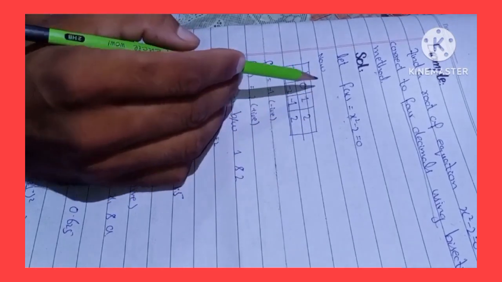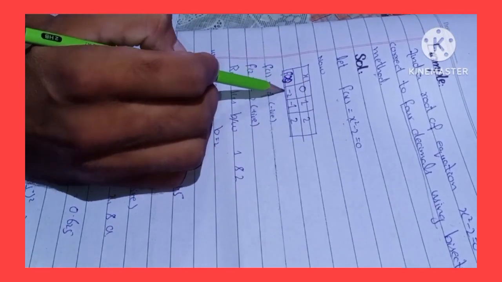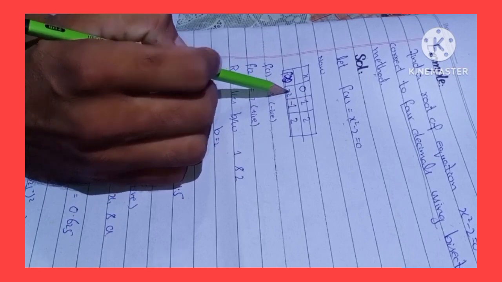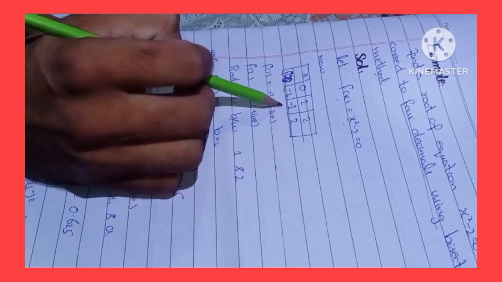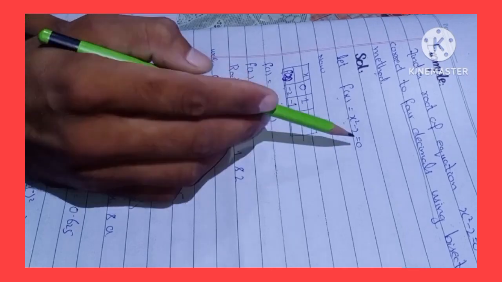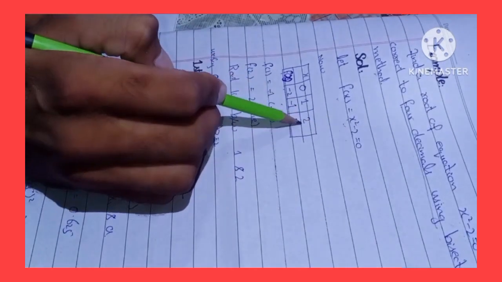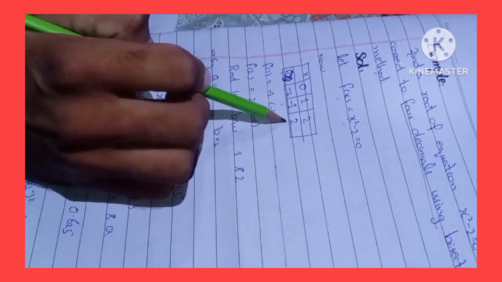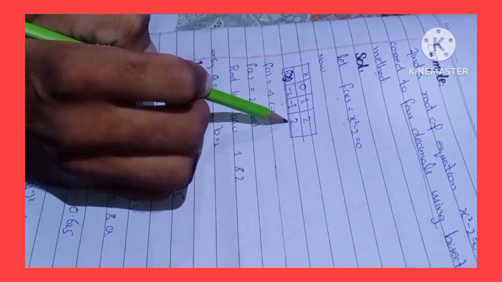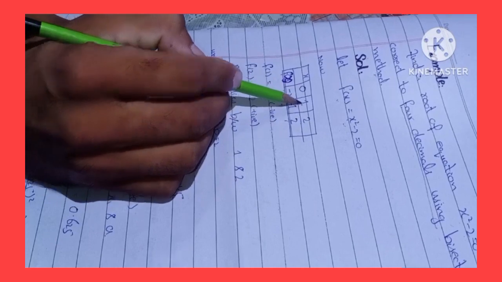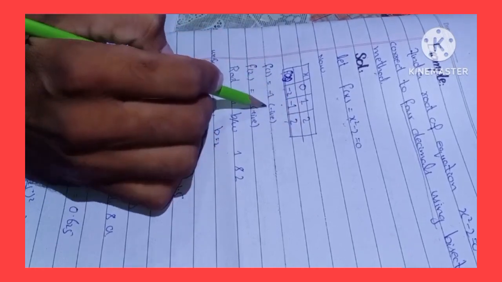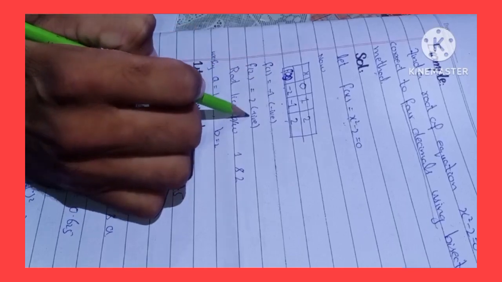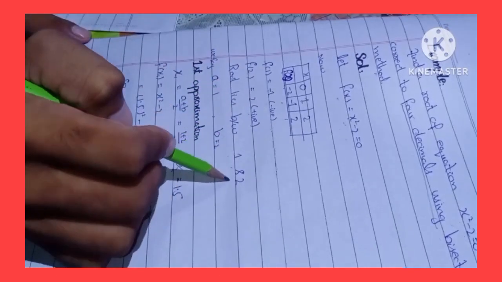Putting x equal to 0 gives minus 2, putting x equal to 1 gives negative 1, and putting x equal to 2 gives 2, which is positive. The sign is changed between 1 and 2, so f of 1 is negative and f of 2 is positive. The root lies between 1 and 2.